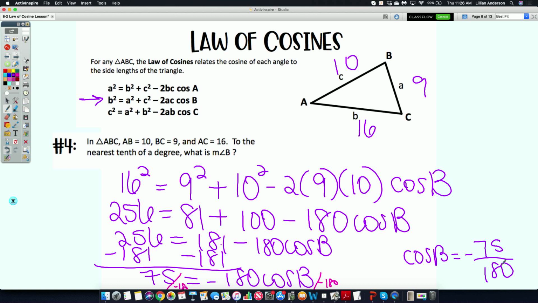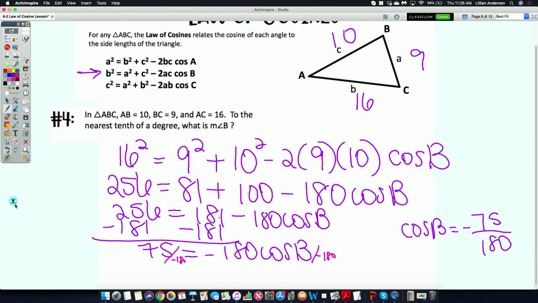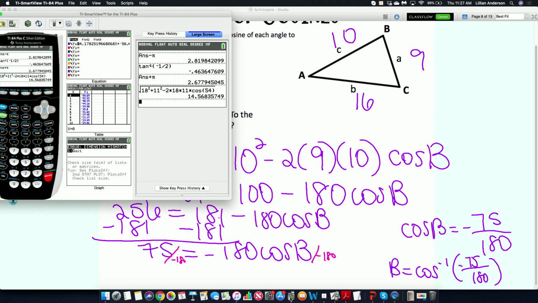So now what do I need to do to find actual B? I have to do the inverse. Remember, anytime we're looking for an angle, we always have to do the inverse. So this is where that part comes in. I'm going to do the cosine inverse of negative 75 over 180 to get my answer. And I am trusting that you guys did the algebra right, correct?